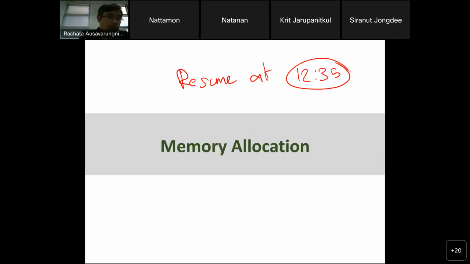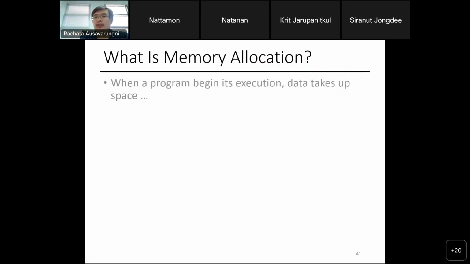Okay, so now that we're back from a longer break, we will resume and talk about the next concept. It's a follow-up to the earlier concept of pointers, which is memory allocation. Why do we need it, and what is it for? When the program begins its execution, data actually takes up space, as I showed you earlier with the DRAM.